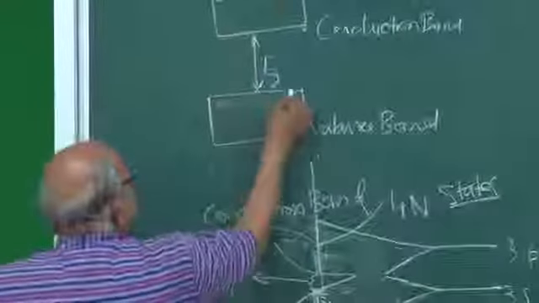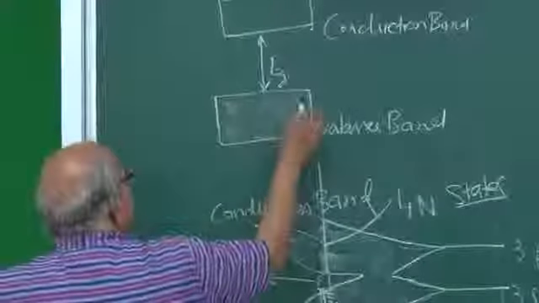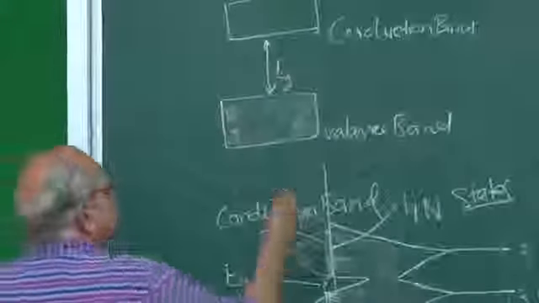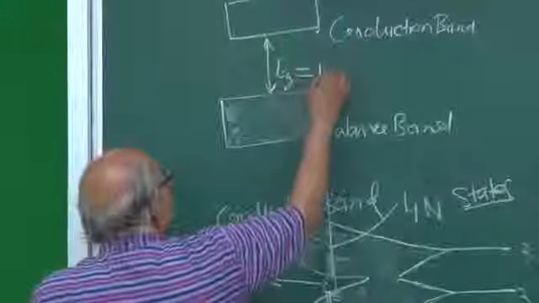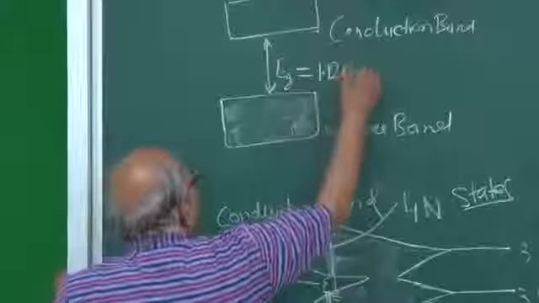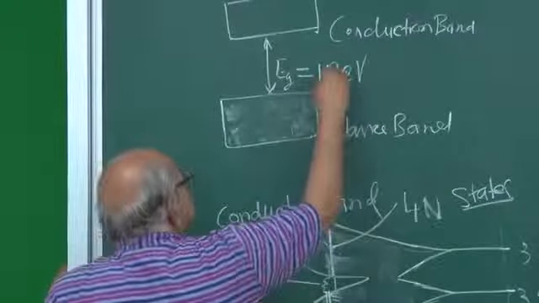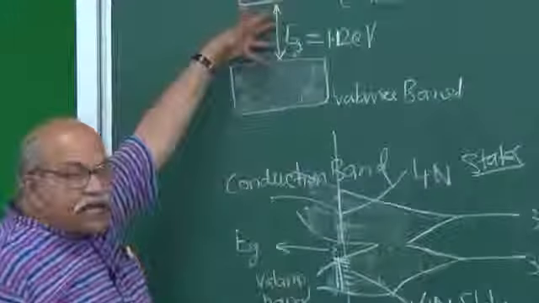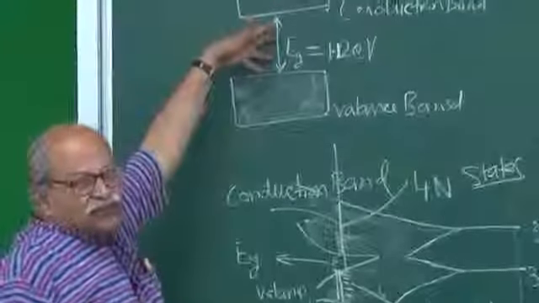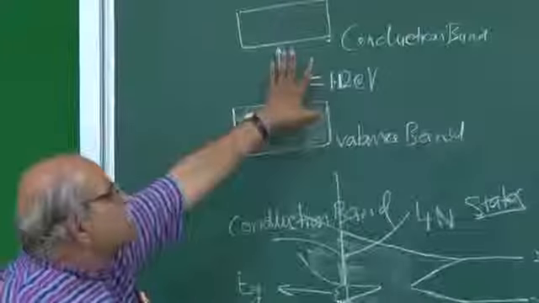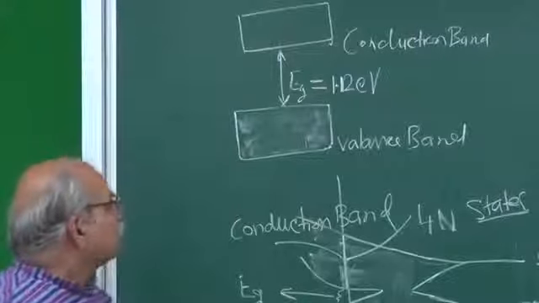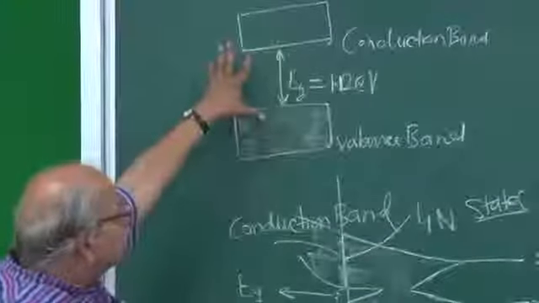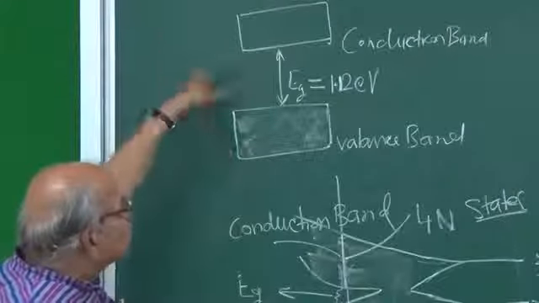This valence band is completely filled at 0 K, at very low temperature, and this is completely empty. And this Eg turns out to be 1.12 electron volts at room temperature. This gap is slightly dependent on temperature, but not much. So you can always assume that it is 1.12 electron volts. So this is how the energy band diagram looks in this one dimension.